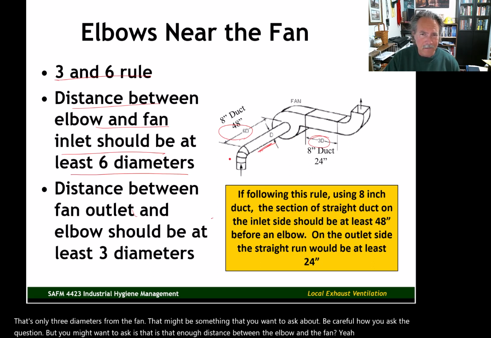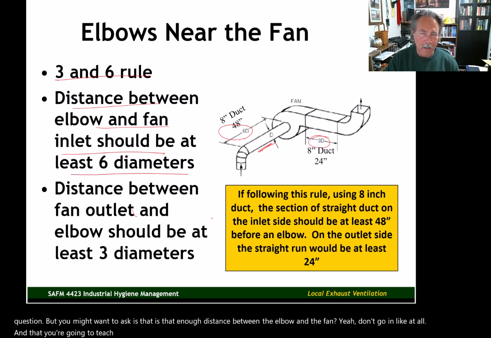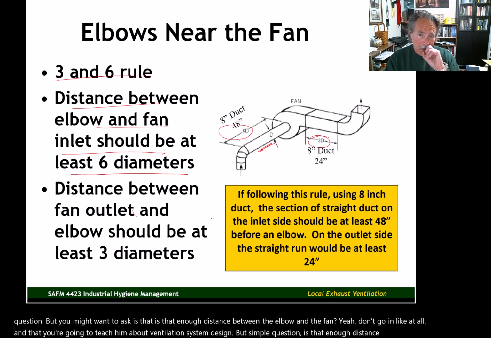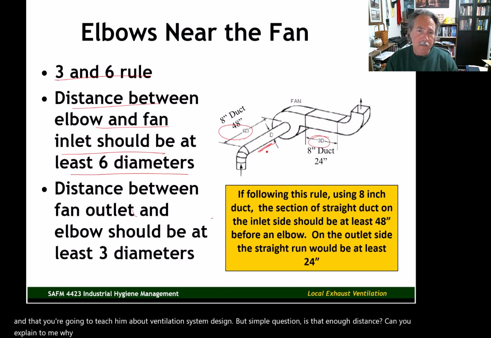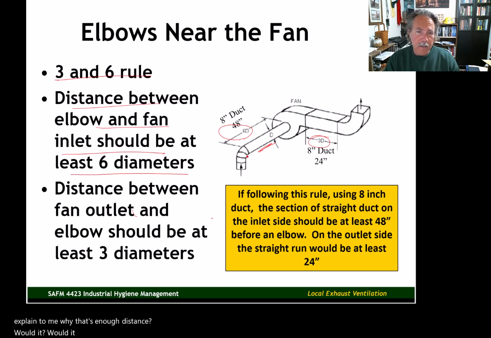Don't go in like you know it all and that you're going to teach him about ventilation system design. But simple question: is that enough distance? Can you explain to me why that's enough distance? Would it make any difference if the elbow were further from the fan?